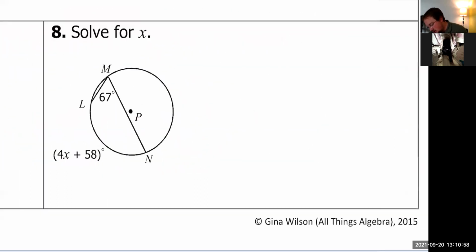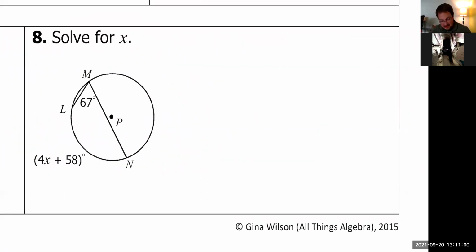Number 8 is kind of similar, except technically it's reversed. Here, our x is in an expression that's describing an arc measurement, LN.